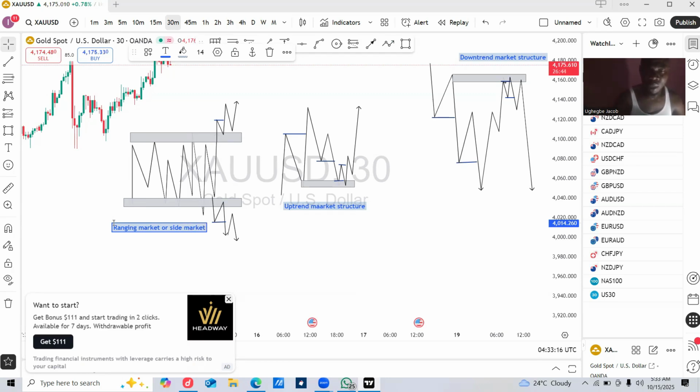Sideways market. So these are the three markets we have.